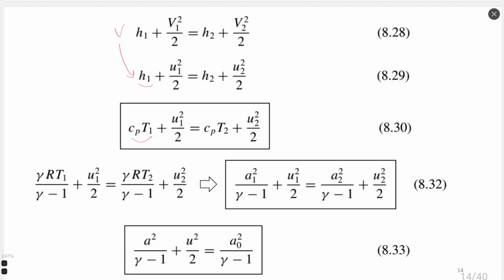How can we use this equation in a real case? In the following way. Let's assume that we have an arbitrary flow somewhere inside some duct or outside, internal or external, not important, where we have an inlet point where we know the temperature and the velocity, and we would like to know properties at any other arbitrary point.